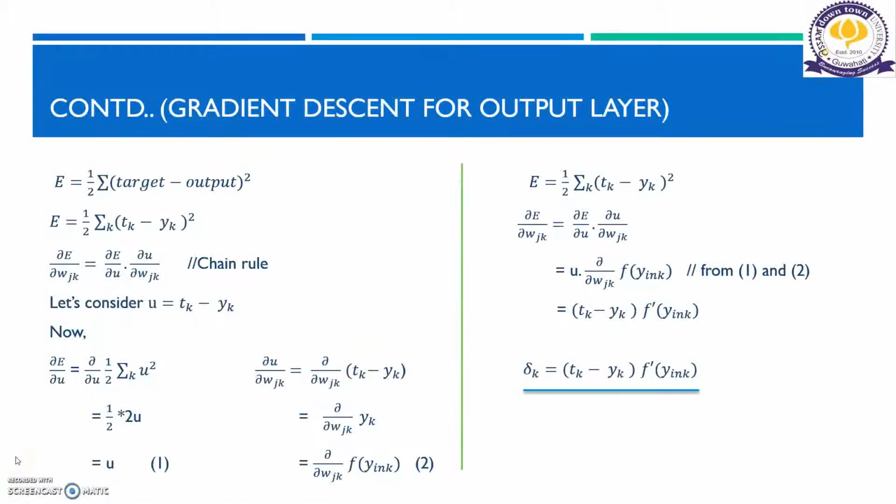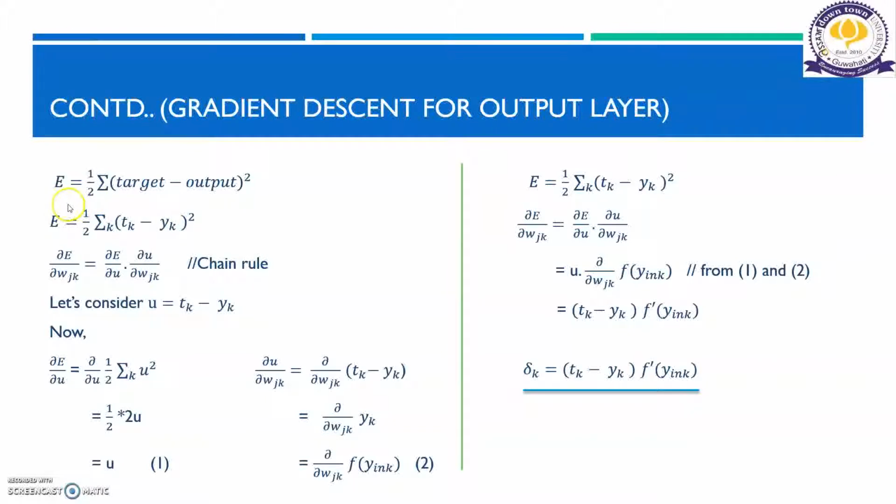From this phase, the gradient descent part starts. First, we will see the gradient descent calculation for the output layer, then we will move to the hidden layer. Now, to calculate the error, there are many different equations, but in neural networks, more generally the mean square error is used.